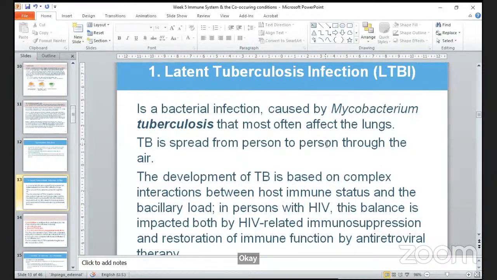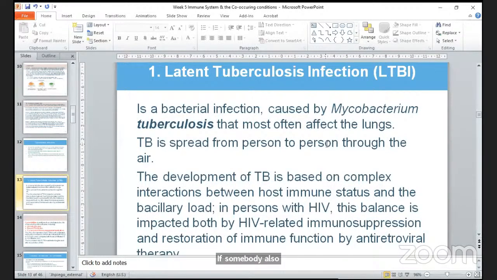So the TB infection is a result of the weak immune system as a result of HIV infection, mostly. So you will find that for people who are suffering from HIV, there's likelihood of having tuberculosis. And why? Because the latent tuberculosis can become active TB if somebody also has HIV.